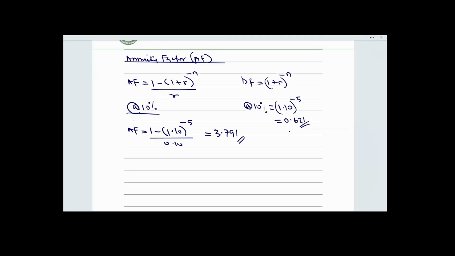Do you get that, Femi? I take it again. From your calculator, you type 1.1 raised to power minus 5 equal to, then you press 1 minus answer equal to, divided by 0.1 equal to, you get 3.791. That's how to do it.